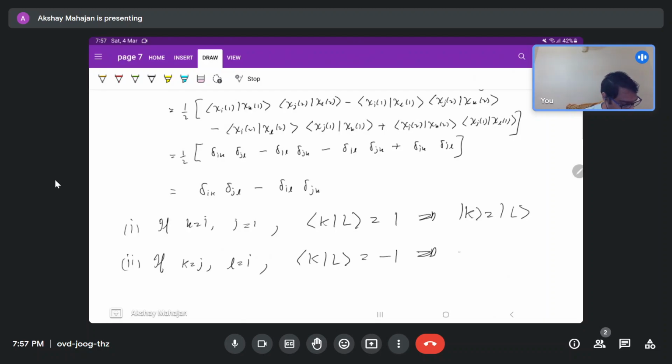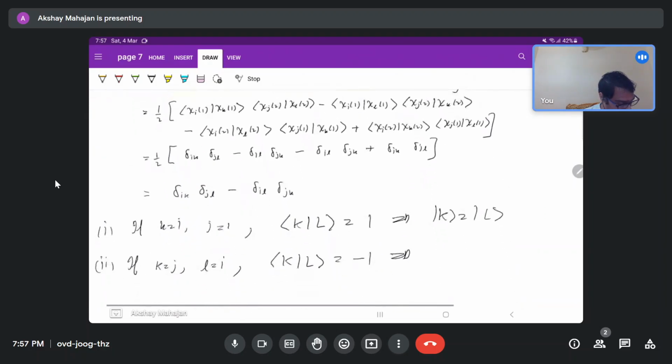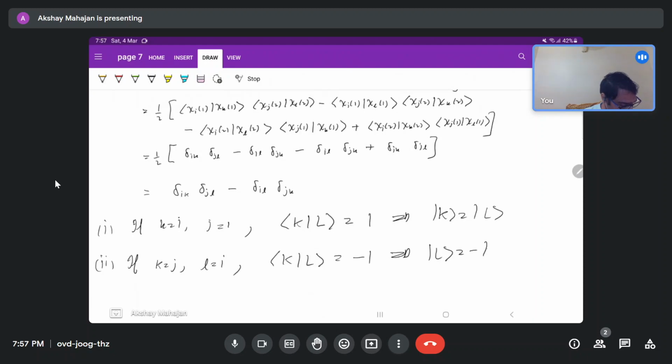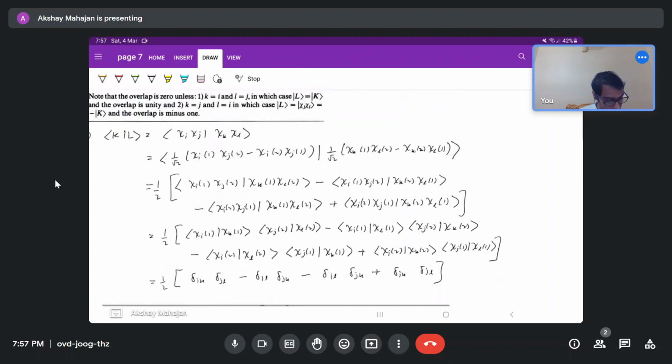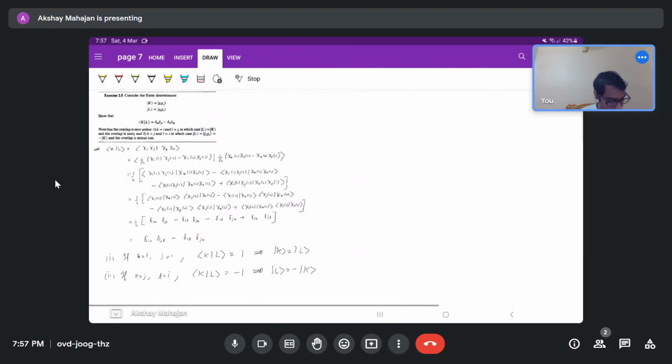If you check, as written here, L will be equal to minus K. From the Slater determinant you can check by changing the rows, alright, and overlap is minus 1, okay, so this is also what we have checked.